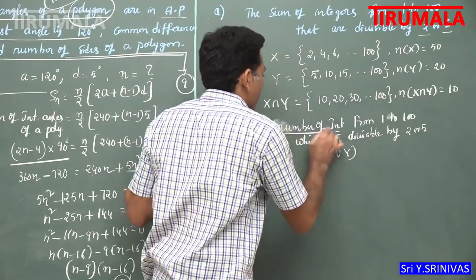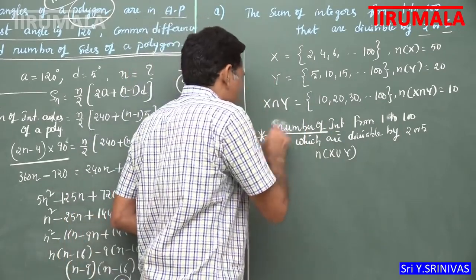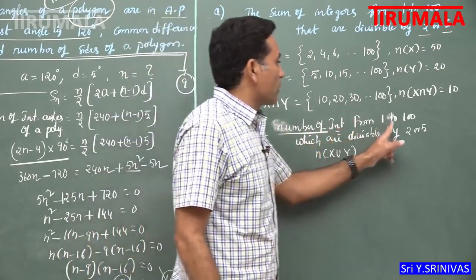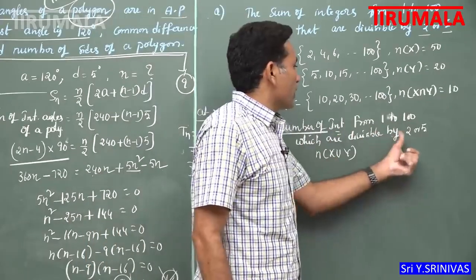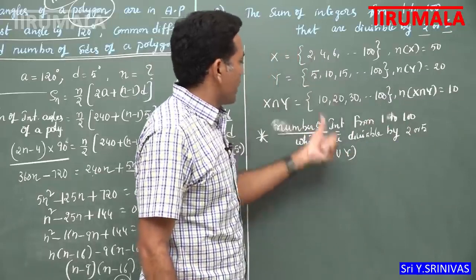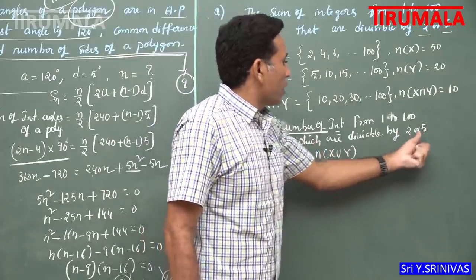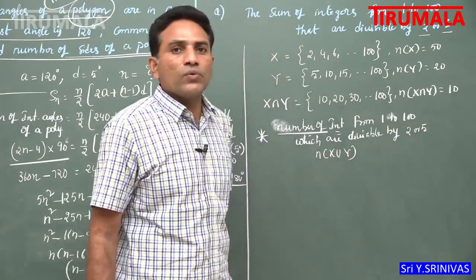We find the number of, not the sum of, one of the important points. Here x is the numbers divisible by 2, y is the numbers divisible by 5. Notation is n of x union y.